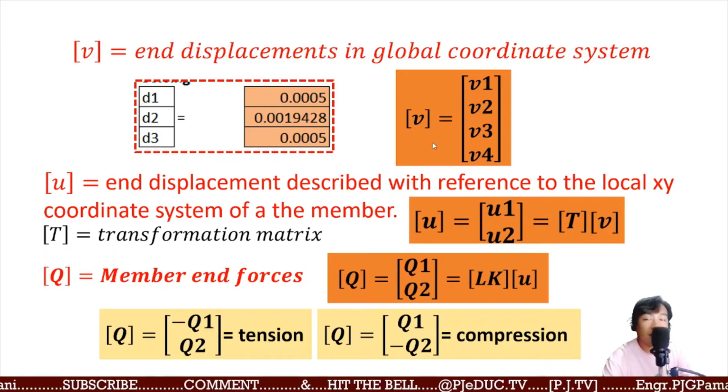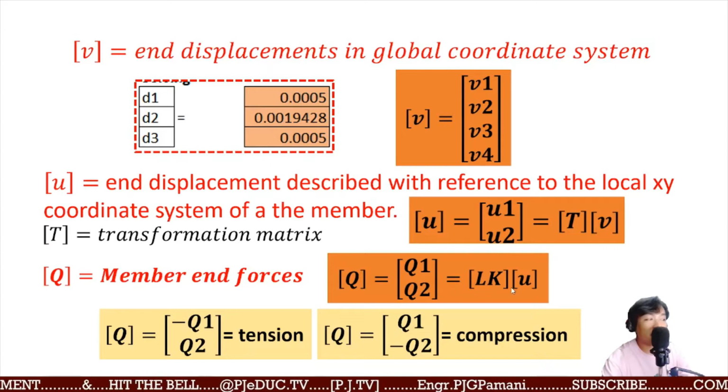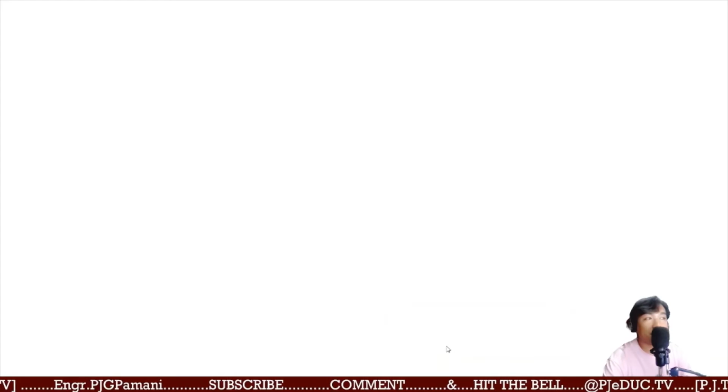Kunin natin si V, si U, then multiply the local stiffness matrix with U to compute the member forces, which is your Q. If Q1 is negative and Q2 is positive, then the member force is in tension. If Q1 is positive and Q2 is negative, then the member force is in compression.